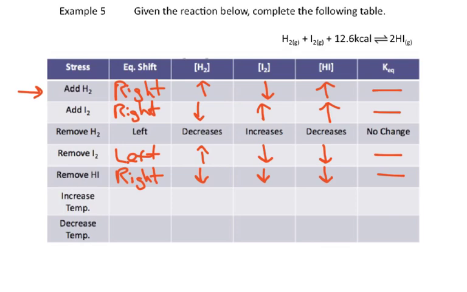Last two stresses are temperature changes. For temperature changes, we need to know where the heat is. The heat being present on the left side means that the left side is the exothermic or the warm side. The right side is the endothermic or the cool side. If we increase the temperature, we will want to cool off the system, so this system will shift to the right.